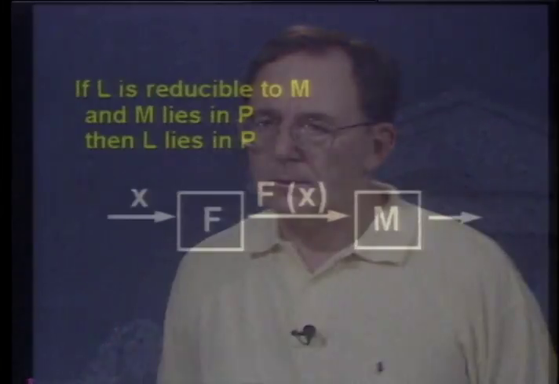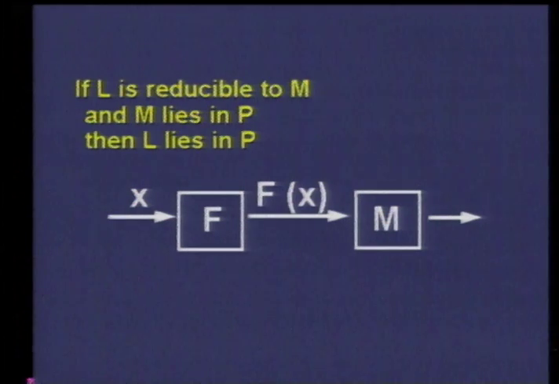Let's look at some of the properties of this notion of reducibility. We observe that if problem L is reducible to problem M, and problem M is solvable in polynomial time, then L is also solvable in polynomial time. And the diagram indicates how this is proved.